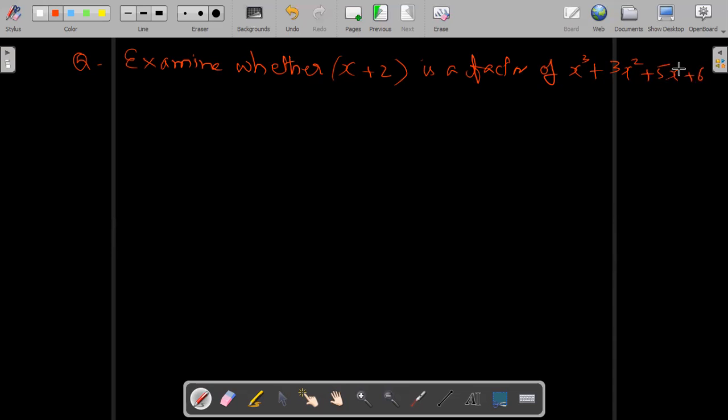We have to check whether it is a factor of this or not. In order to check the factor, we will find the remainder. If the remainder is 0, then it is a factor. That's it.